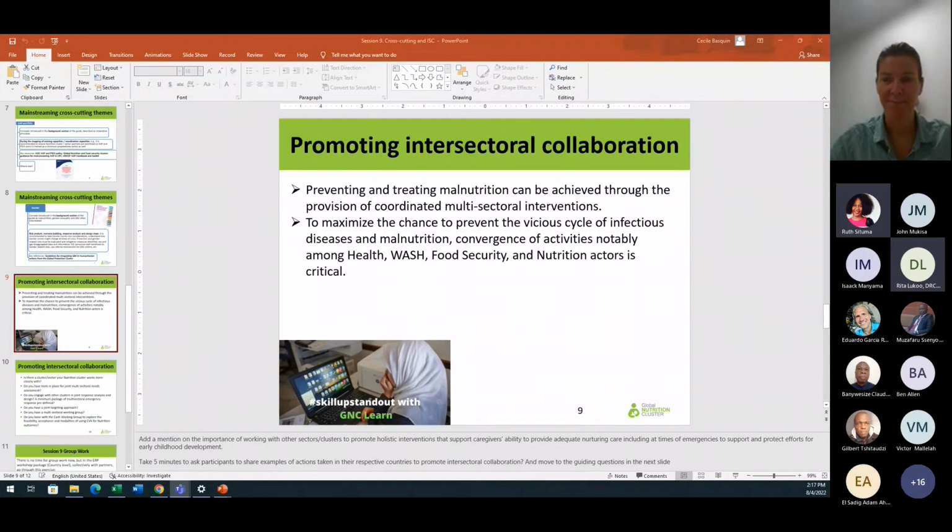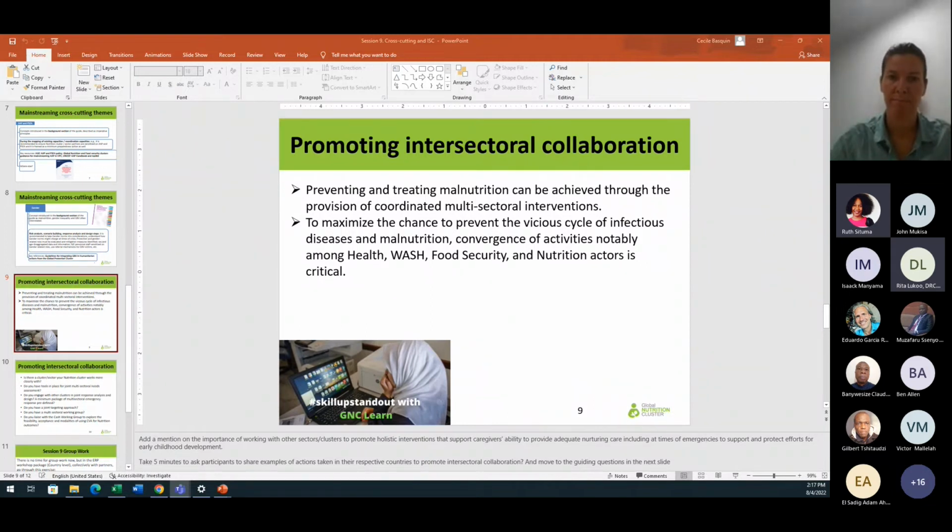So for us, this year, what we've done is to identify counties or geographical areas with multiple deprivations. So looking at the key drivers of malnutrition from health, WASH, food insecurity, as well as gender perspective.